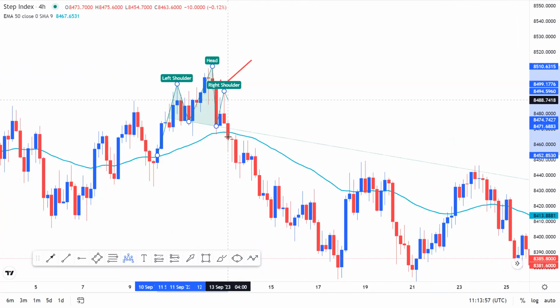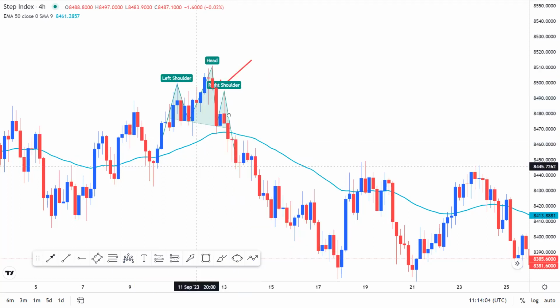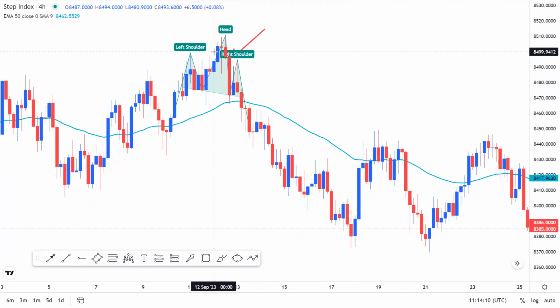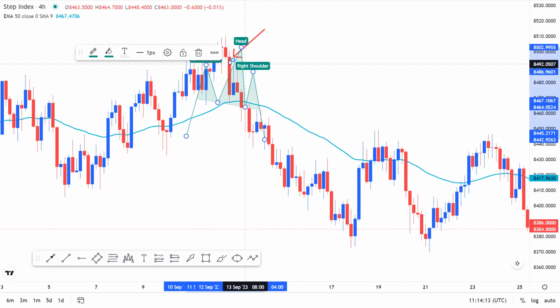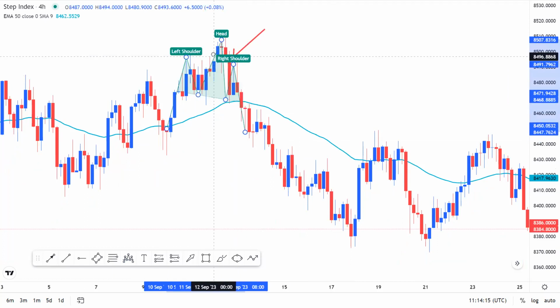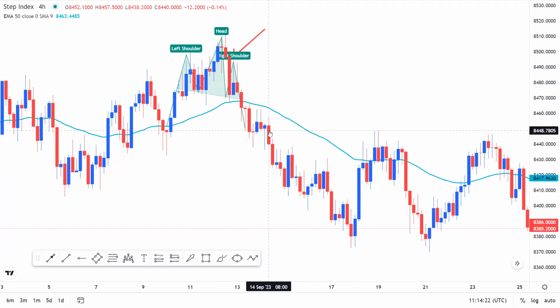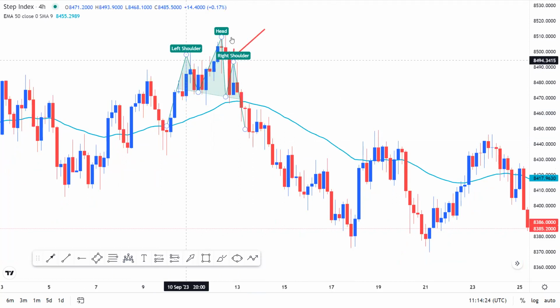And as soon as we had the break of the neckline, the market reversed and started heading to the downside. You can see we were buying, and then we came to this price level, and then the trend reversal was ushered in by the head and shoulder pattern.